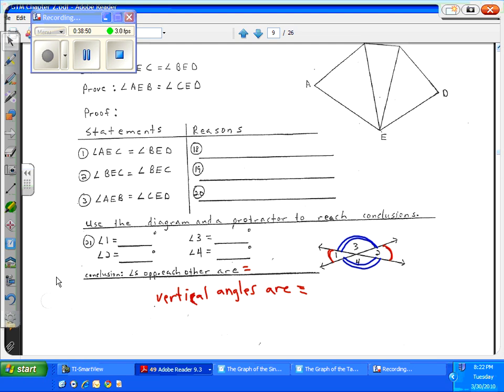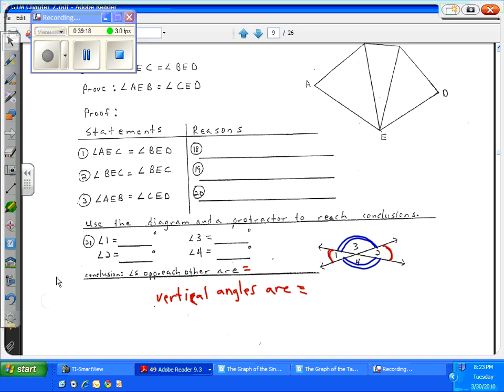So what we're doing is we're using measuring devices to make conclusions, and we're going to have a rule about that conclusion on the next page. We're basically discovering the upcoming lessons. Again, I think it's very important to do this because it gives the student a hands-on visual of the theorem itself, and it helps them learn to use measuring devices.